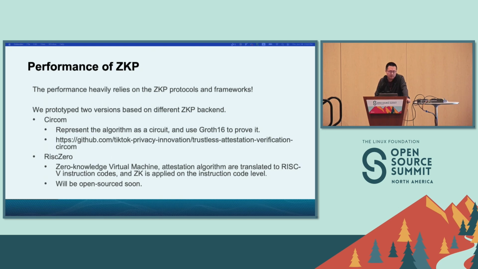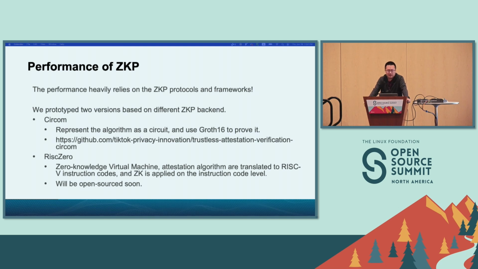And we also implemented the second prototype with RISC-0. RISC-0 is another zero-knowledge proof framework. The advantage there is that you can write your algorithm using Rust. For auditability, this is much better than the circuit, because it's very hard to verify the correctness of a circuit.